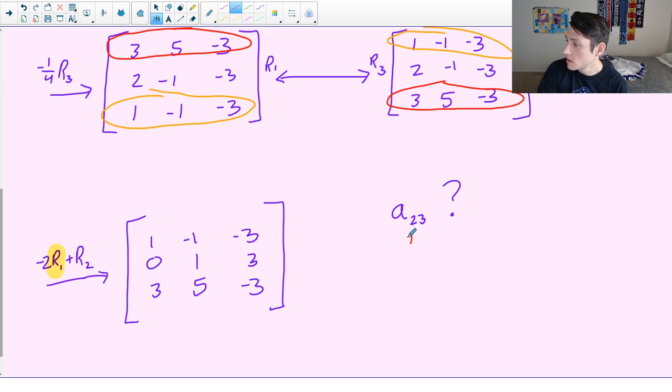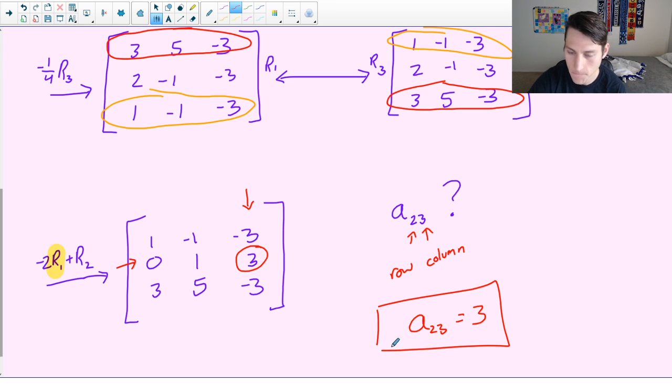Remember, the first number is the row, the second number is the column. So the second row, and then the third column. That means this is 3, so A23 is 3. It could ask anything. This part is just random; I'm just deciding to ask for one of these spots.